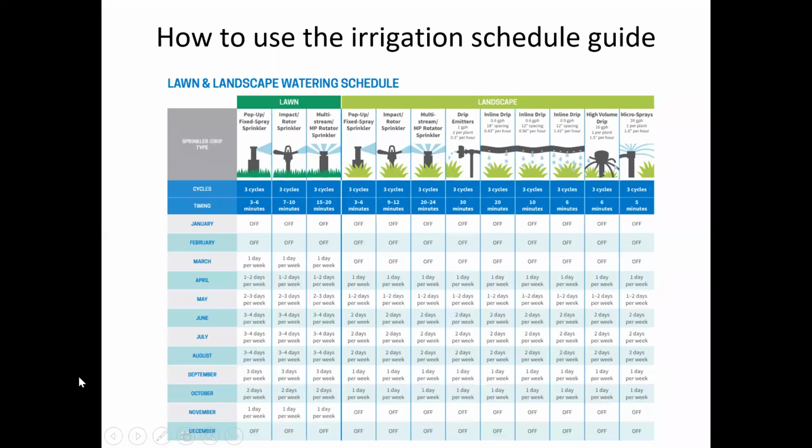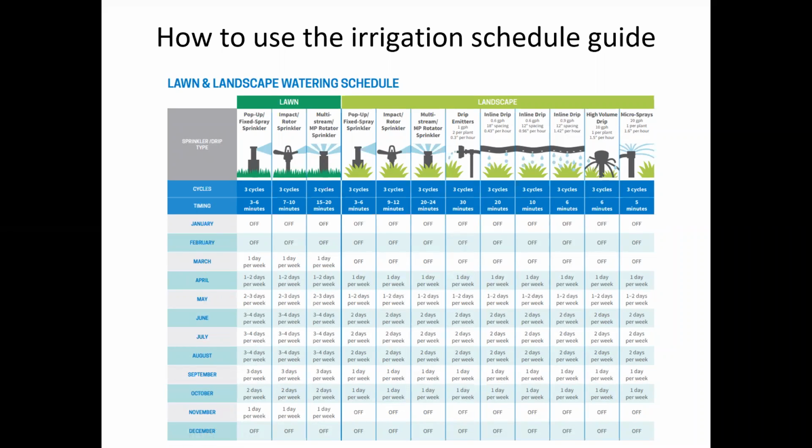So an example of what poor scheduling could look like is, let's say it's October, you should be irrigating 2 days per week, and your irrigation controller is set to 3 to 4 days per week. Or maybe you're not doing enough cycles.